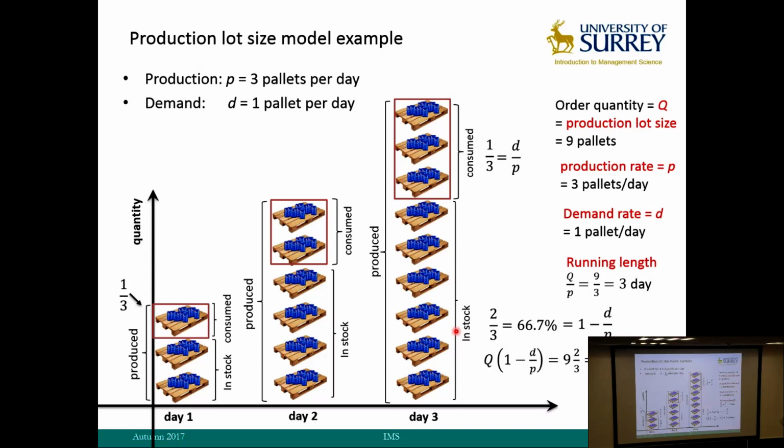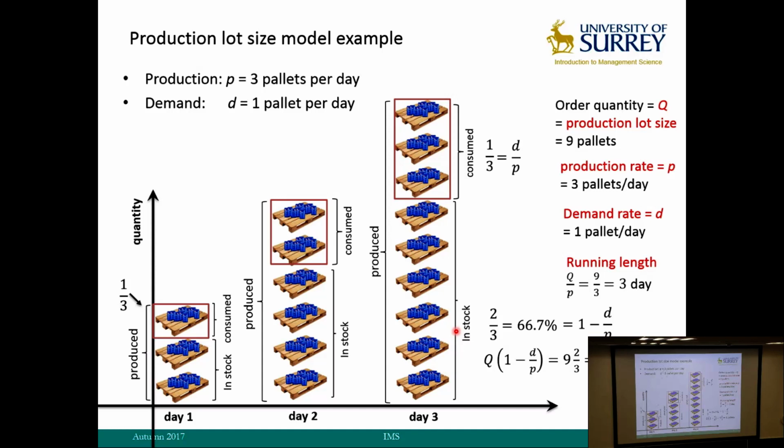Every day, if we consume 1 pallet and in total we produce 3, this is 1/3. If every day we consume 2 pallets and produce 3, the consumed part is 2/3 and the remaining is 1/3. Okay, so this is the ratio. We can very easily use the daily demand divided by the daily production.